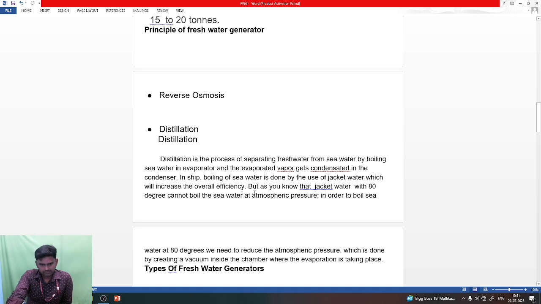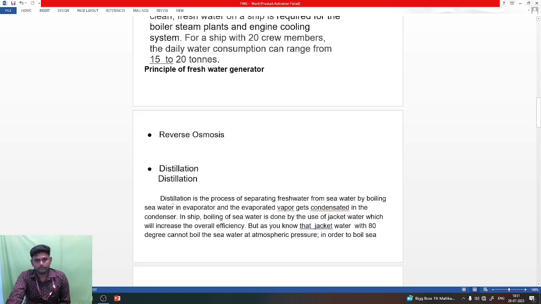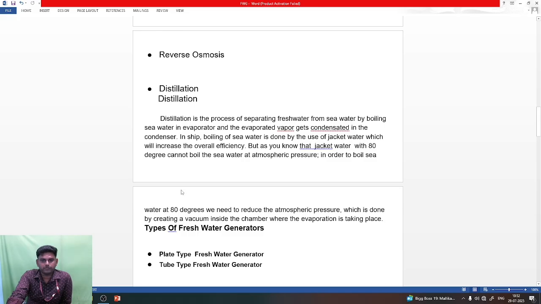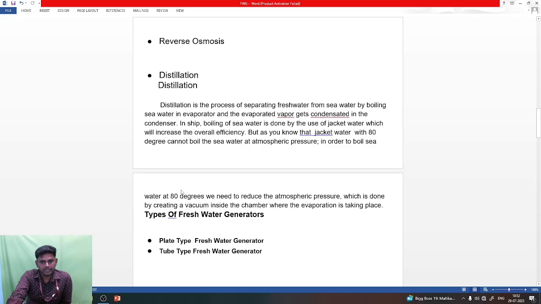But as you know, jacket cooling water at 80 degrees Celsius cannot boil seawater at atmospheric pressure. Normally atmospheric pressure is 1 bar and water boils at 100 degrees Celsius. But in the freshwater generator we create a vacuum for a lower boiling point.